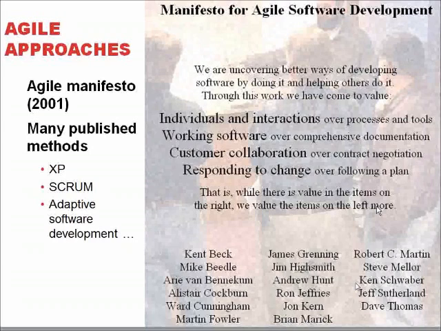So basically the agile approaches are based on the Agile Manifesto from year 2001. The idea on these agile approaches was that the existing software process models were simply too complicated and extensive or laborious to be actually usable by software companies.